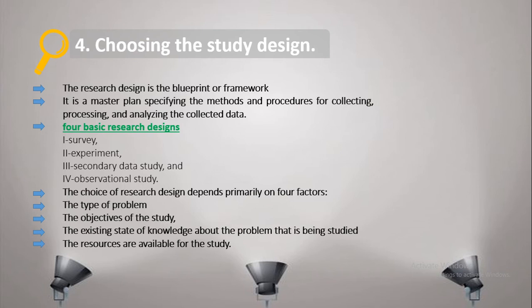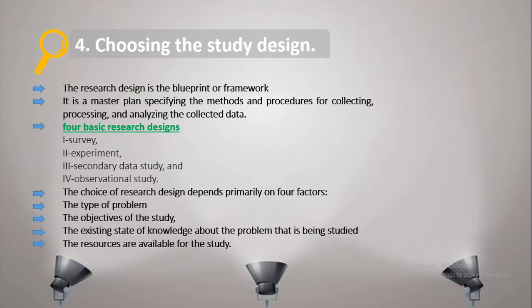But the choice of research design depends primarily on four factors. One is the type of problem, what type of problem you are going to solve, and what is your research objective. Here you can notice that this step depends on the first two steps, step 1 and step 2, identification of problem and the objective of the study.